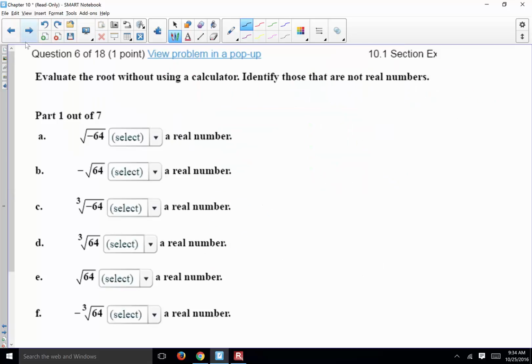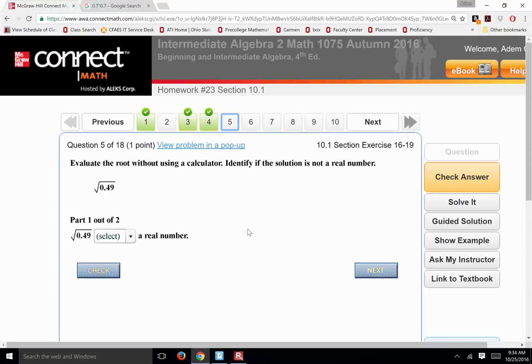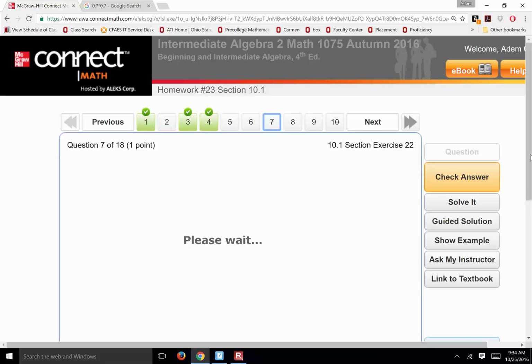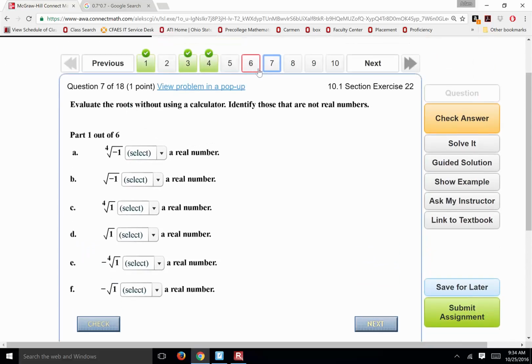You're getting there. Let's practice more. It's the same practice. What do you think? Square root of minus 64, real number or not? Let's do it on the screen. Number 6.